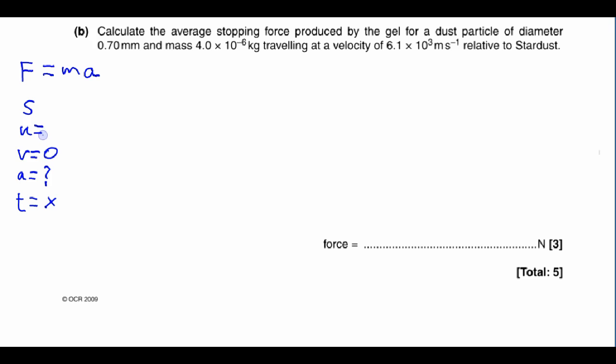The initial velocity is the one given there, which is 6.1 times 10 to the 3 meters per second. And the distance it travels before it comes to a rest is going to be determined from the diameter, because at the beginning of the question we were told that the typical length of travel in the gel was 200 times the diameter.